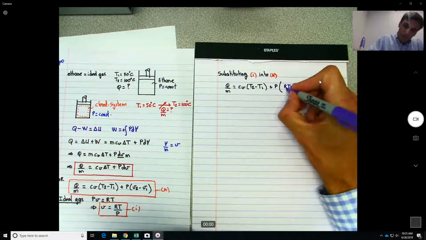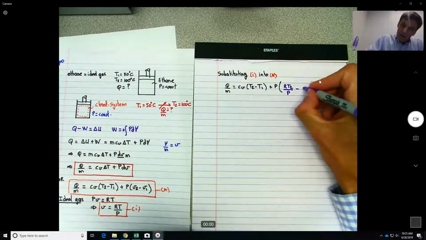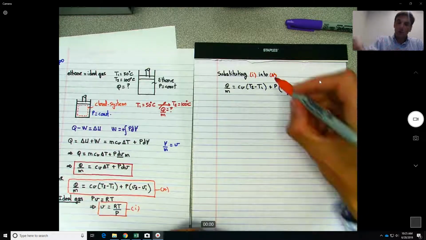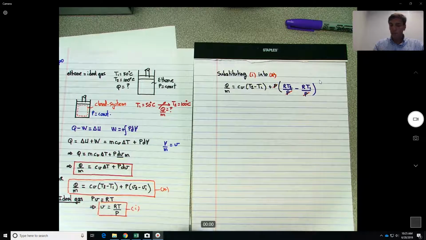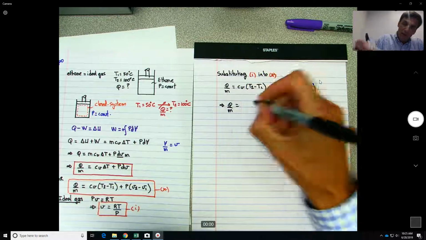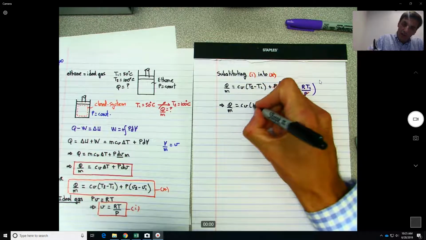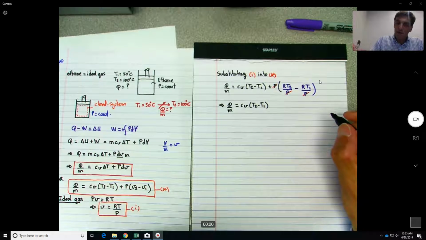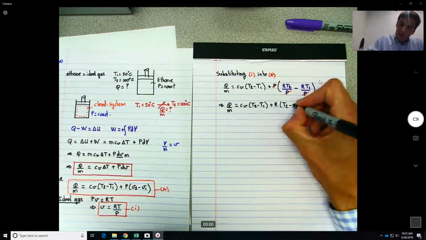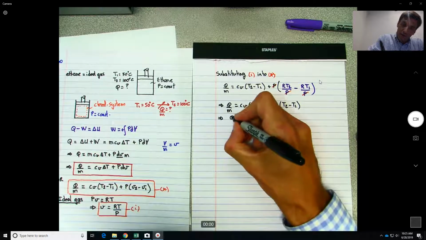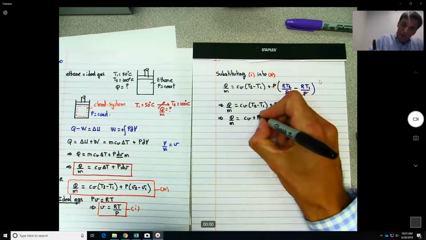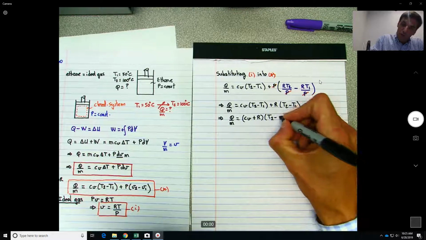R T2 over P, remember P is constant, minus R T1 over P. So over here you see right away that you can cancel the pressure, and we're going to have that Q over m equal to Cv (T2 minus T1) plus R (T2 minus T1), or if we simplify, Q over m equal to (Cv plus R)(T2 minus T1).